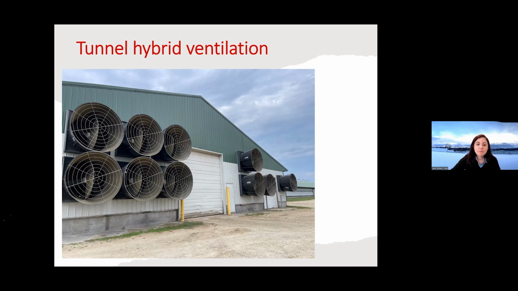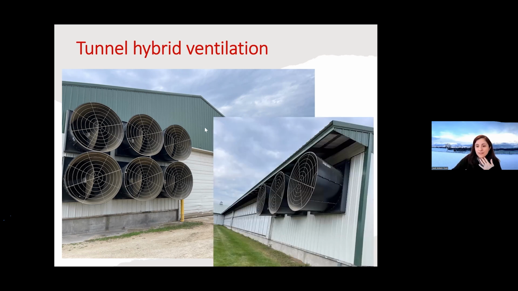Usually during tunnel ventilation, we put these fans on the short wall. They usually don't fit, so they need to put some of the fans on the long wall too. All tunnel ventilated buildings I have seen so far work like this.